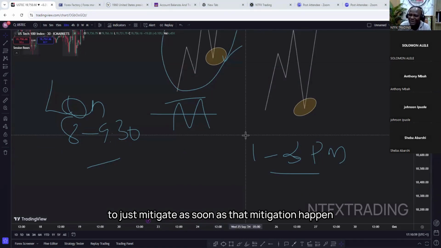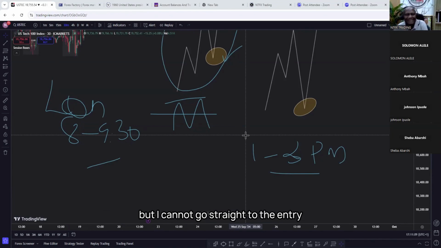As soon as that mitigation happens, you are now looking for your entry. So it is the entry that I want to re-echo for you today. But I cannot go straight to the entry without talking of the setup. And I'll show you an example based on those trades that I took this week. Are you following now? Yes, sir.